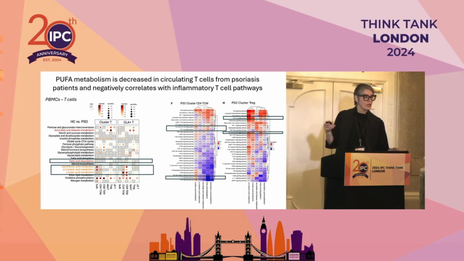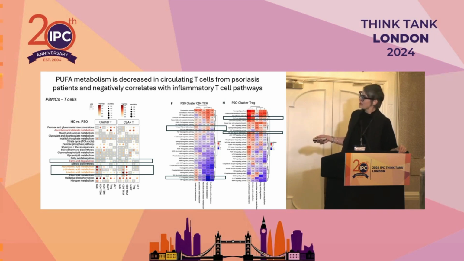Next, they took those specific fatty acid metabolism pathways, and they aligned them with changes in gene expression related to these different signaling systems. What they were able to show was that there was an inverse relationship with linoleic acid metabolism.